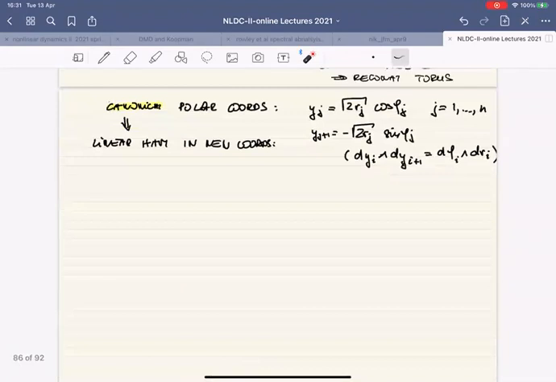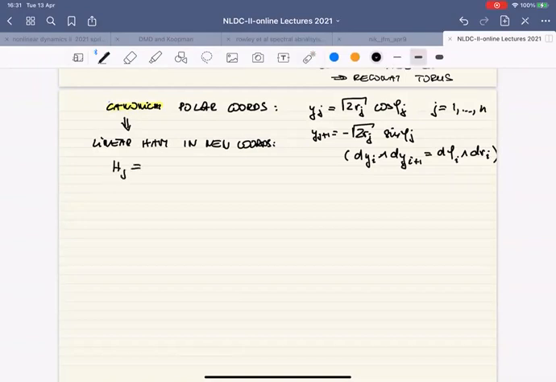So very conveniently, the individual Hamiltonian, the jth corresponding to the oscillator, is just omega j rj. So no dependence on phi. So basically with this, you have removed the dependence. The full Hamiltonian is still the sum of these individual ones, right? So basically it only depends on the polar coordinate.